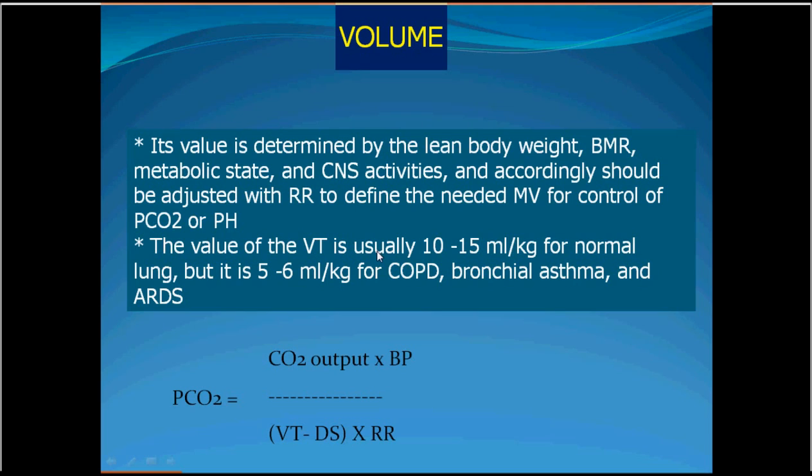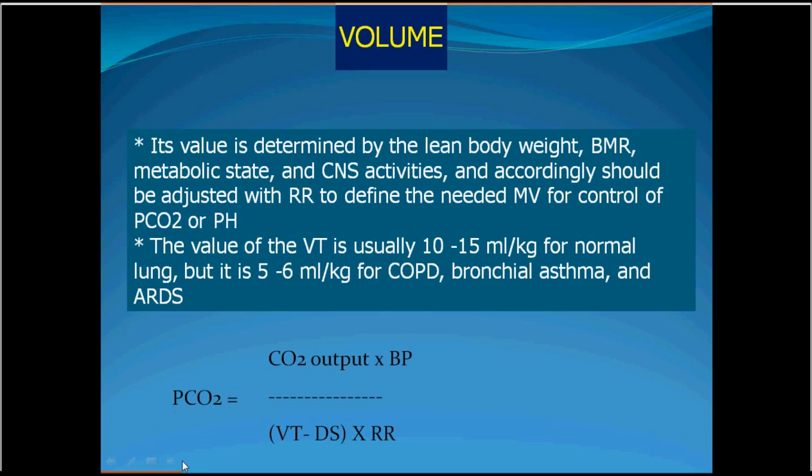But when you put the patient on the ventilator, you start with an empirical value of the tidal volume and of the respiratory rate, and accordingly you will get some change in the pH and the carbon dioxide. After that you have to adjust, changing the volume or the rate, to reach the target carbon dioxide, whether normal, high, or low, according to the patient's case.